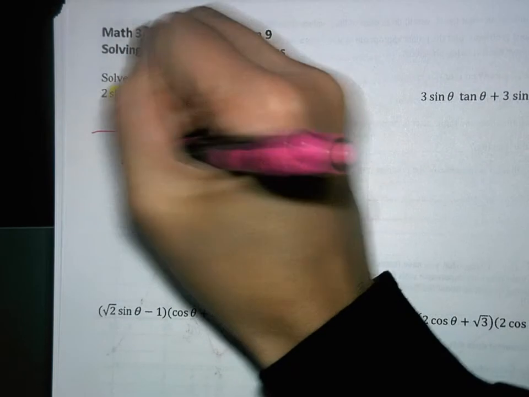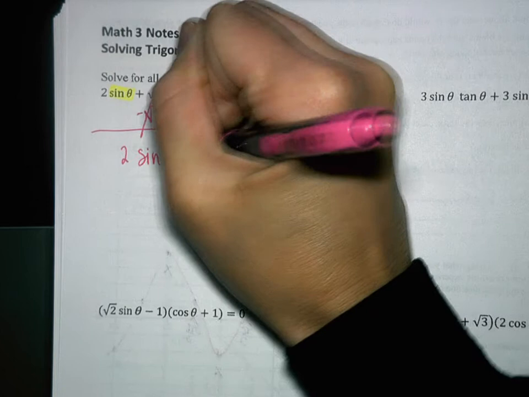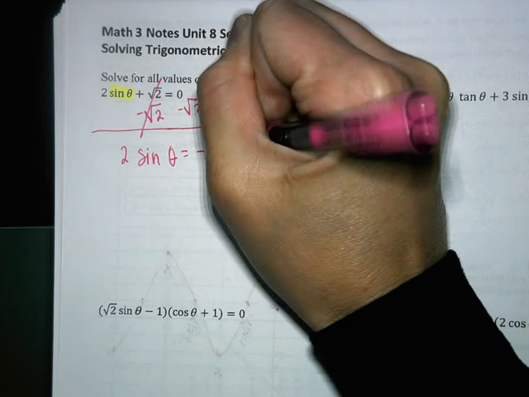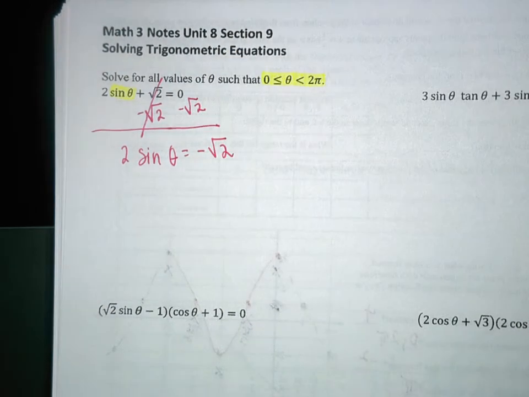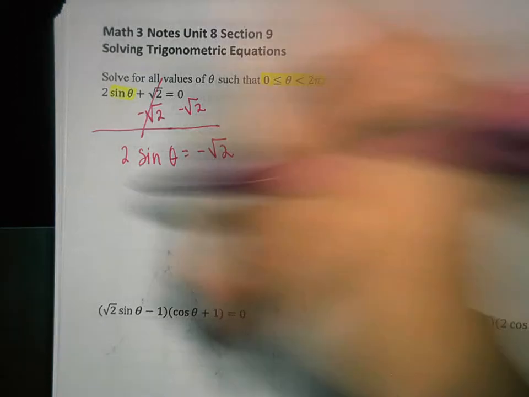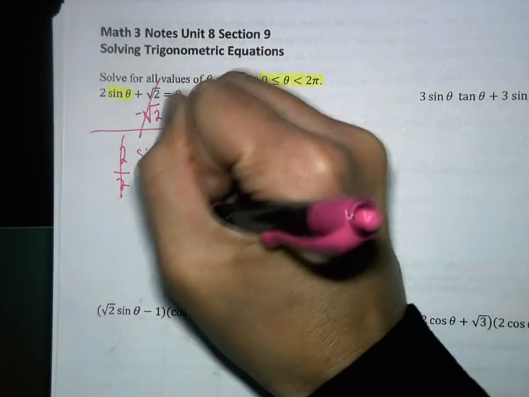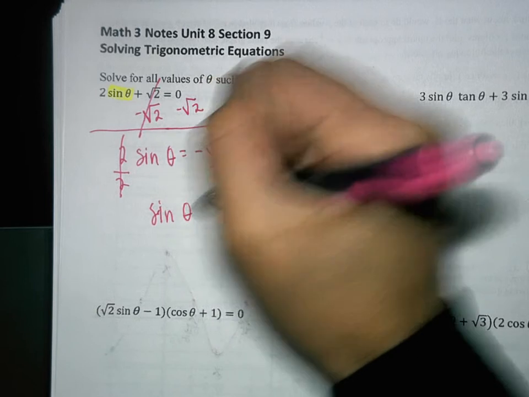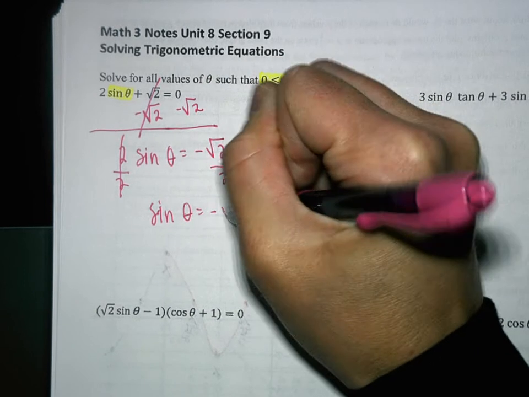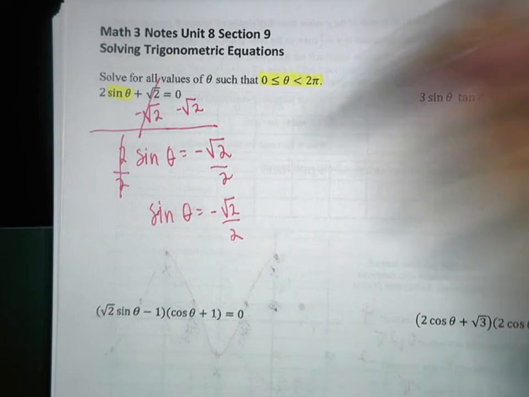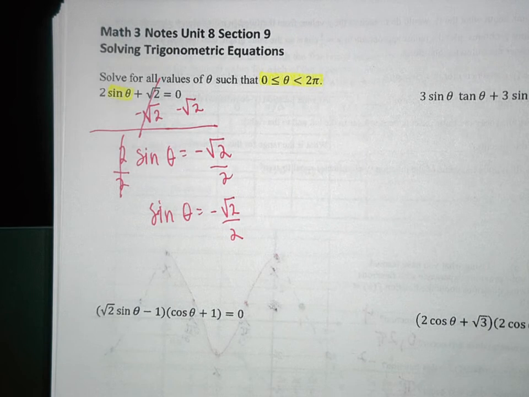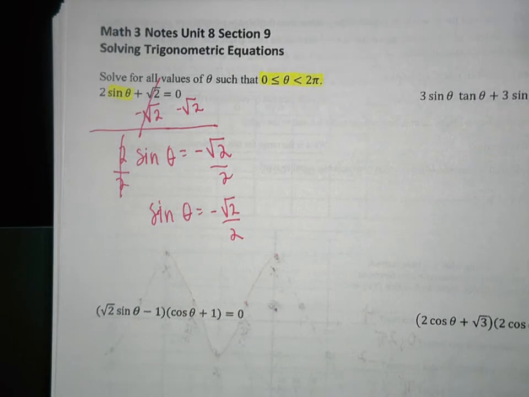So now I have 2 sine of theta equals negative root 2. And then to get sine by itself, we would divide by 2 to both sides. And so sine of theta equals negative root 2 over 2. And so we want to find what radians it is where it is that value.